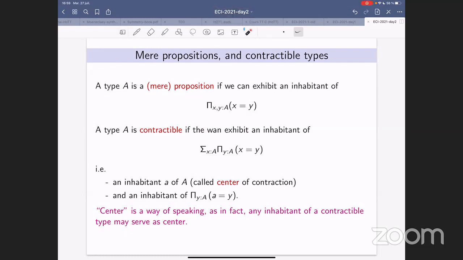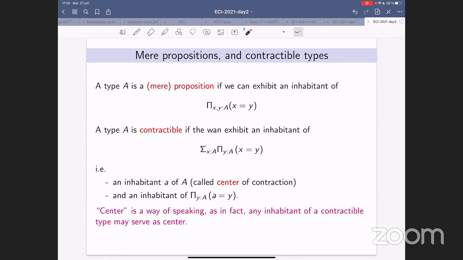We will show tomorrow that any contractible type is a proposition. But here I have additional information that it is inhabited. So contractible, from the naive set theoretical point of view, says that you have exactly one point somehow. But this is not the interesting fact. The interesting fact is that it really says contractible in the sense of topology.